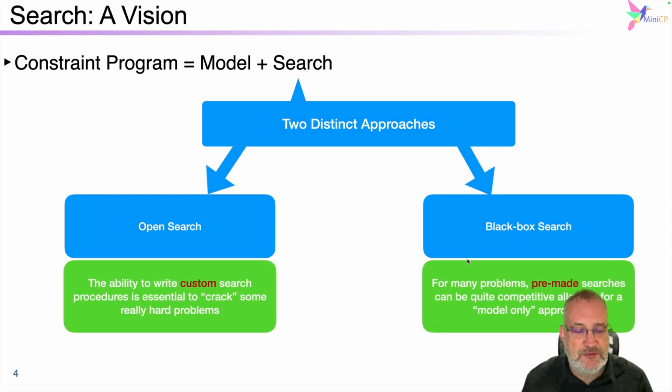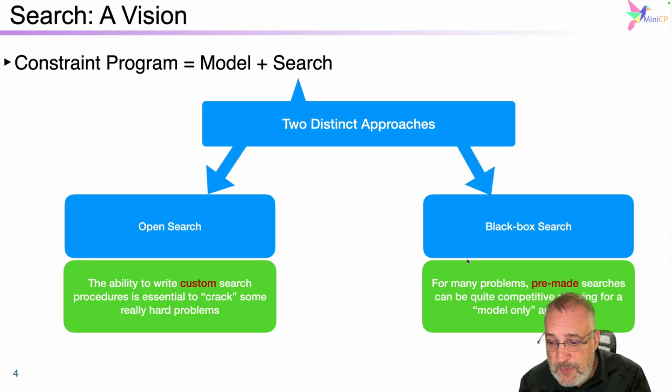Open search is about the ability to write custom search procedures that take advantage of your problem in order to crack a very hard, difficult problem that you wouldn't be able to solve otherwise. So it's very important to be in a position to write concise and effective search procedures if you buy into that philosophy.